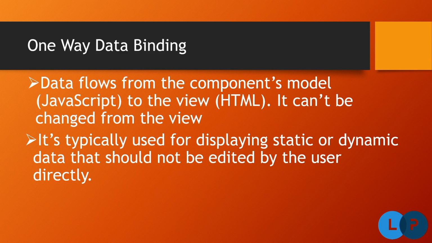One-way data binding keeps the flow of data simple and predictable. Whatever we declare in the model, we can just access. So it's ideal for displaying information to users that does not require user input. That's the time we use one-way data binding.